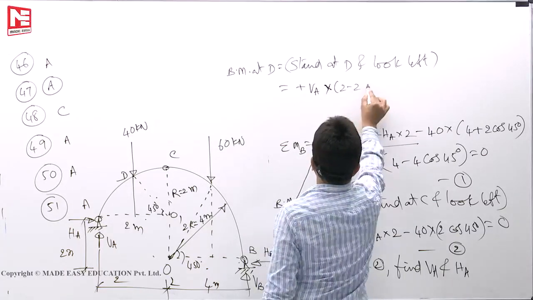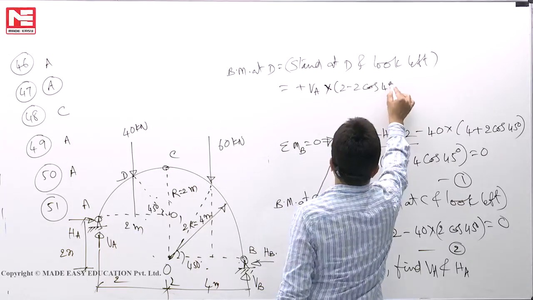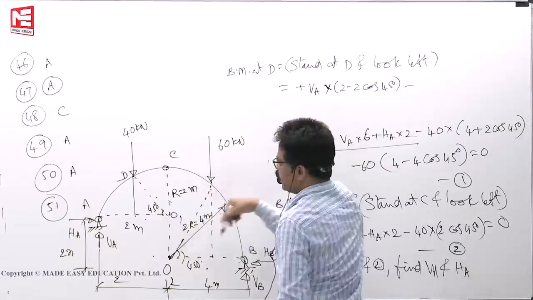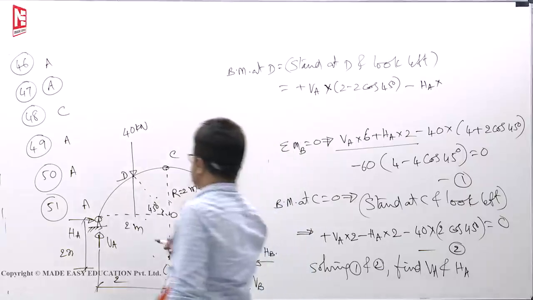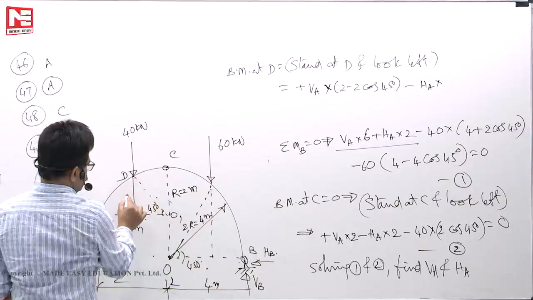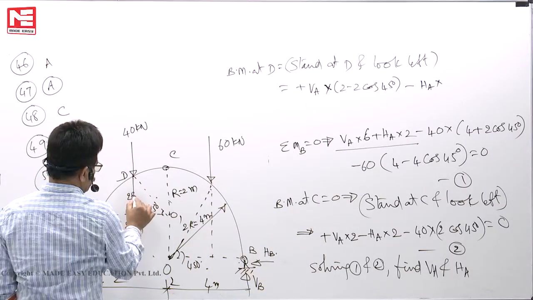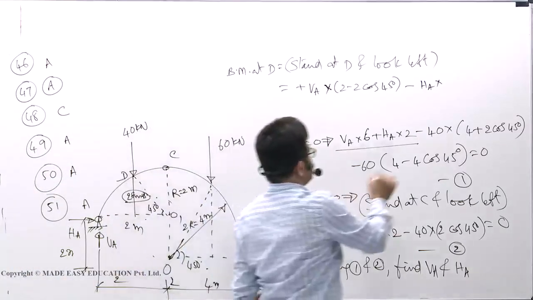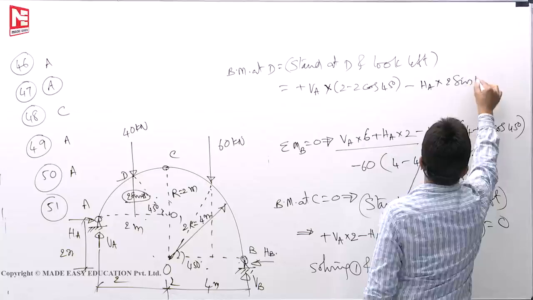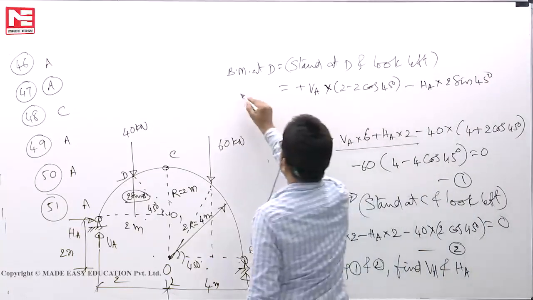VA into 2 minus 2 cos 45, plus minus HA into this perpendicular radius is 2. This height is 2 sin 45. This height. So minus HA into 2 sin 45. This is the bend moment at D.